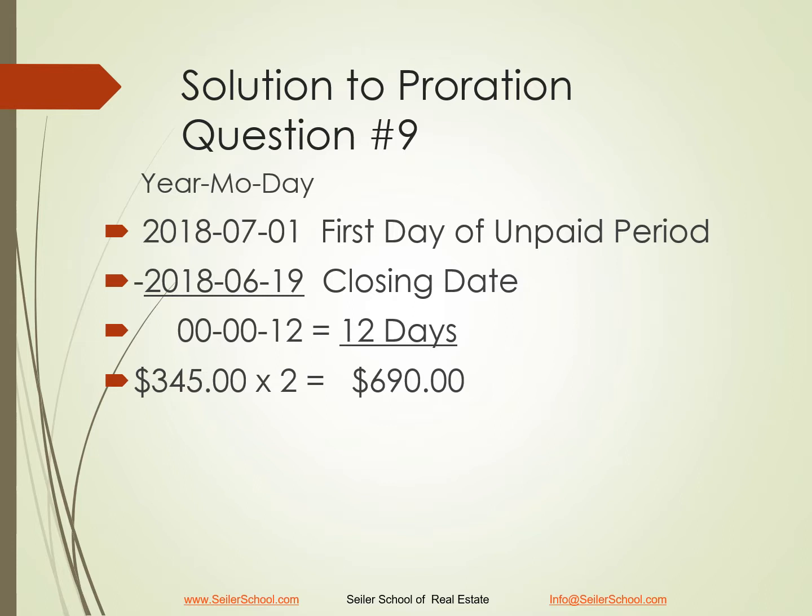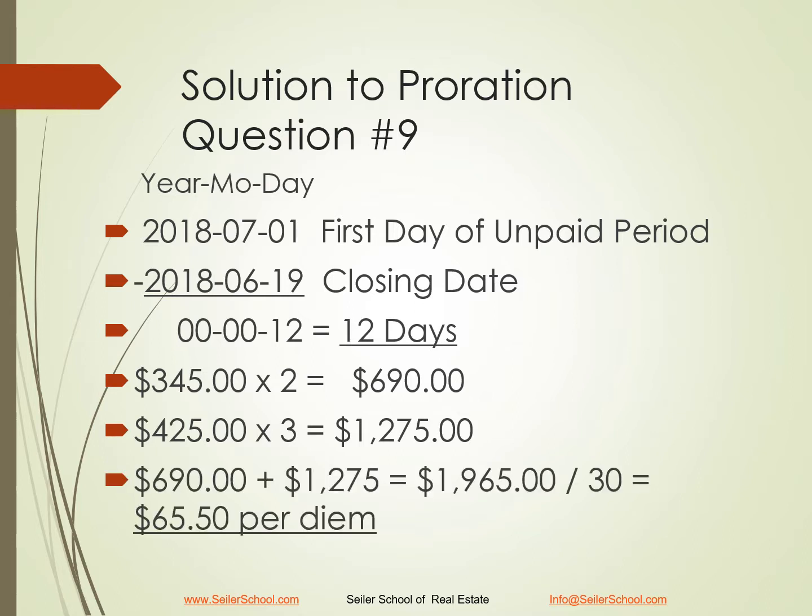To figure out the total amount we need to prorate, we had 2 tenants paying $345. So that's $690 for those 2. And then we had 3 tenants paying $425. That comes to $1,275.